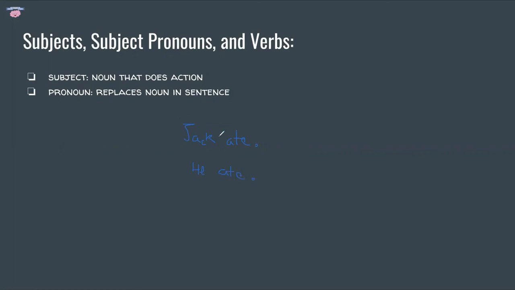This is the subject of the sentence, and this is the pronoun that replaces it. So a pronoun that replaces a subject is called a subject pronoun.